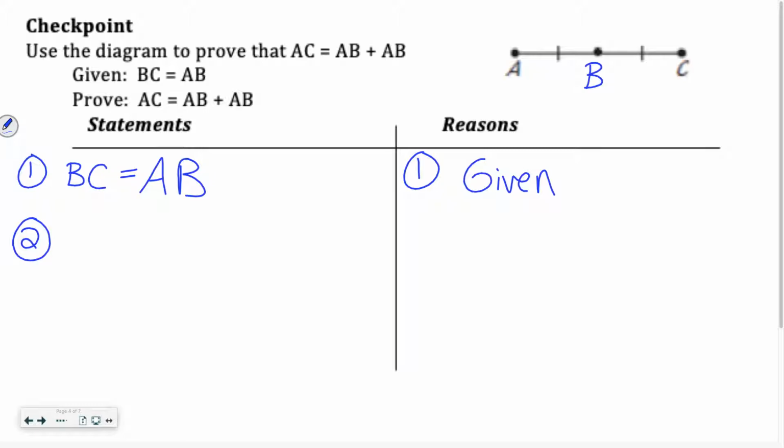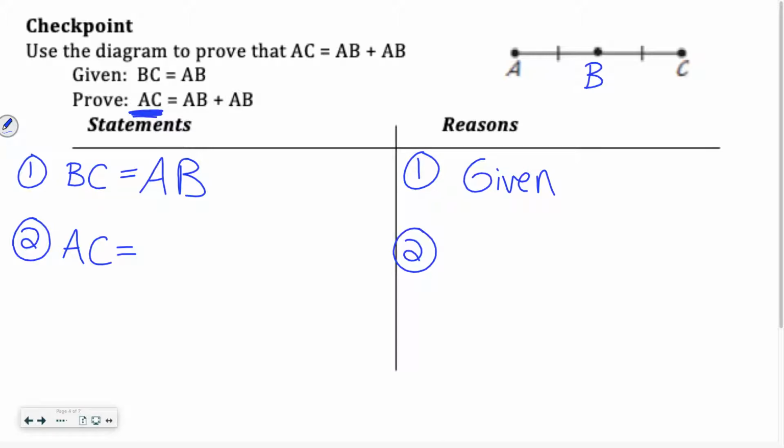Okay. If you're ever not sure what to write down on the next step, because like right now you might be kind of confused, like, what do I say next? Look at what you're trying to prove. We are trying to prove something about AC. So we have to write down AC in our statements on the left. So I'm going to start by just saying AC equals.